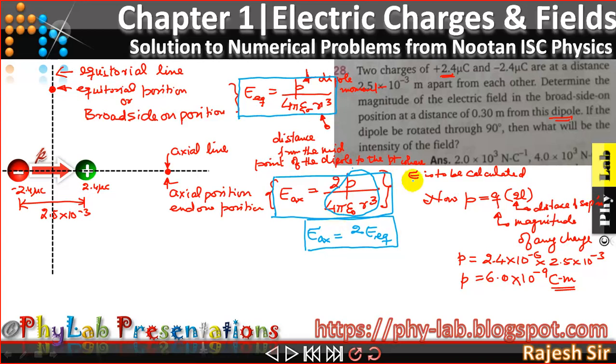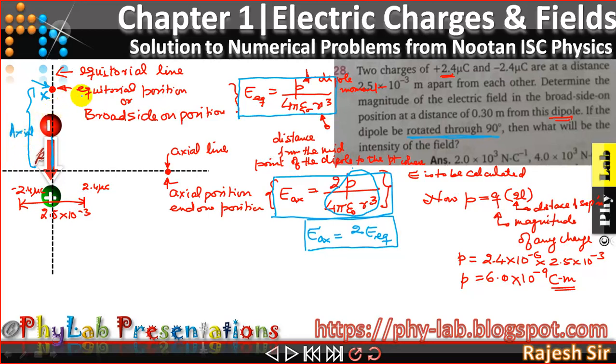Now the question says, if the dipole is now rotated through an angle of 90 degrees. So what I'm going to do is rotate this dipole, and when I rotate this dipole through an angle of 90 degrees, what happens to this particular point that we were discussing? Let's call this point X. Now this happens to be the axis of the dipole, can you see? And this point X has now become the axial position, isn't it, friends?